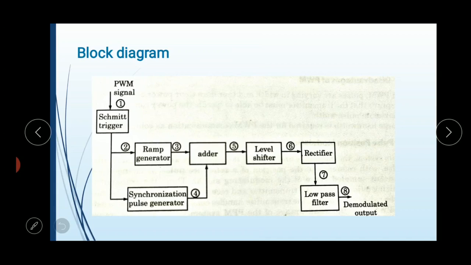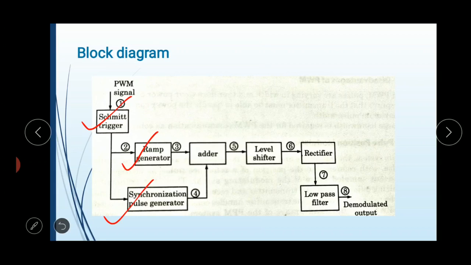First, when we receive the PWM signal, it is given to the Schmitt trigger. The Schmitt trigger removes the noise in the PWM waveform. Then the regenerated signal is applied to the ramp generator and the synchronization pulse generator.